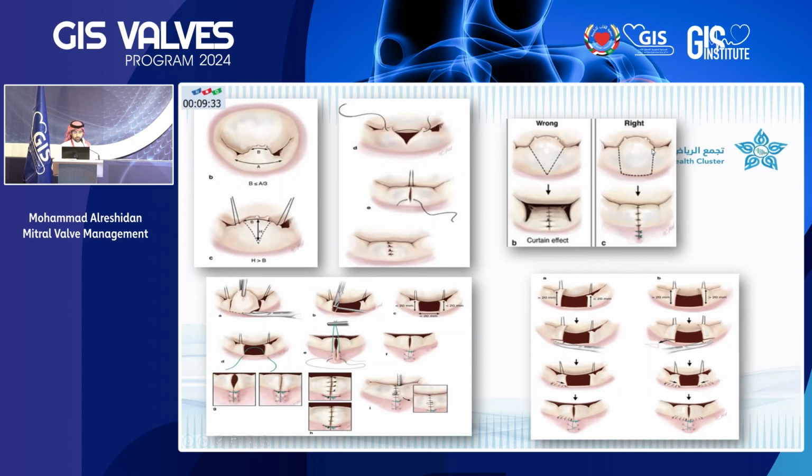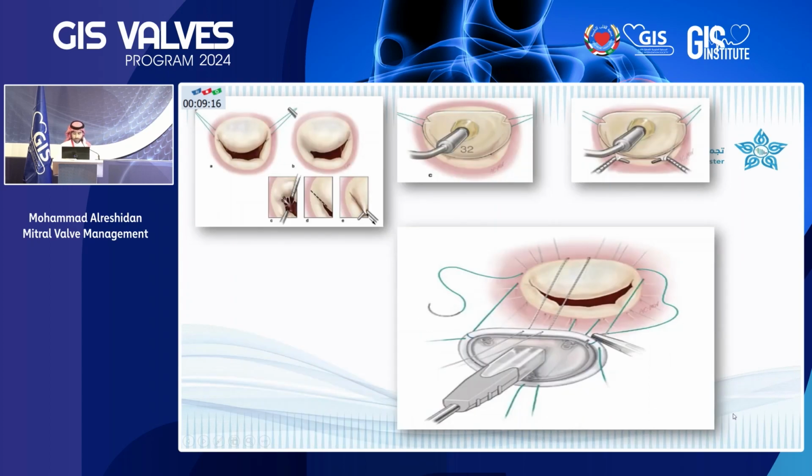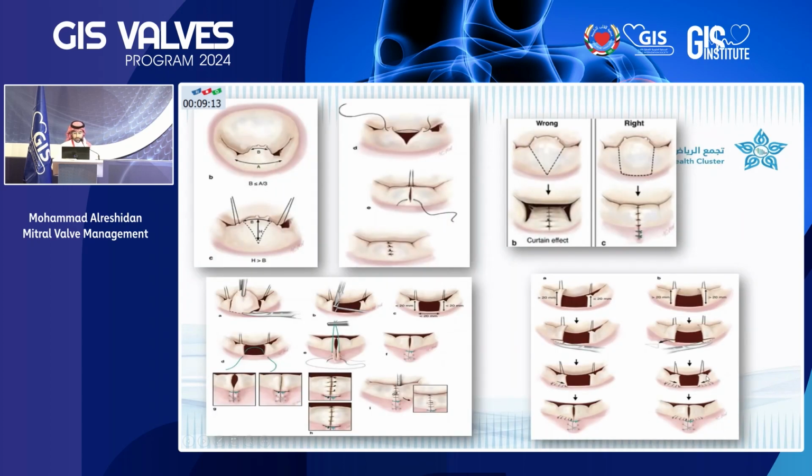So in this case, you do a quadrangular resection and an annular plication, so you will have enough tissue. If you need to do a very long resection, you could do, as I said, plication of the annulus, or sometimes we call it a sliding plasty. Sorry, that is when you cut the leaflet, bring it to the middle and then suture it together.